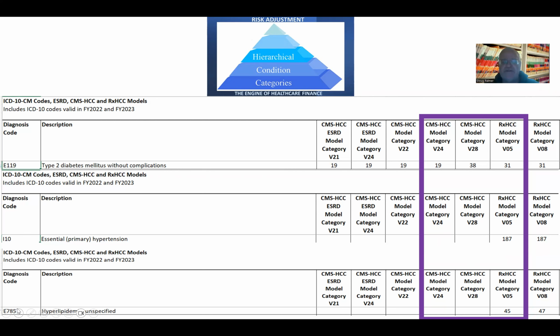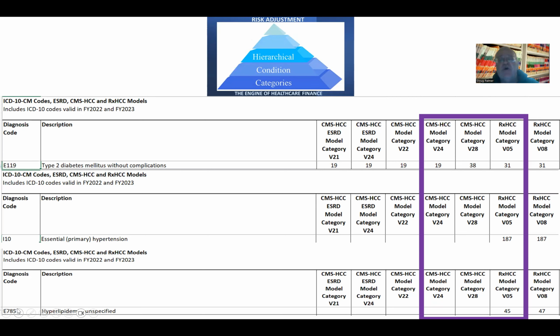Without giving you a full course here, that's not today's agenda, HCCs primarily relate to benefits under Part A and Part B of Medicare, and an RxHCC relates to benefits under Part D of Medicare, prescription drug coverage.